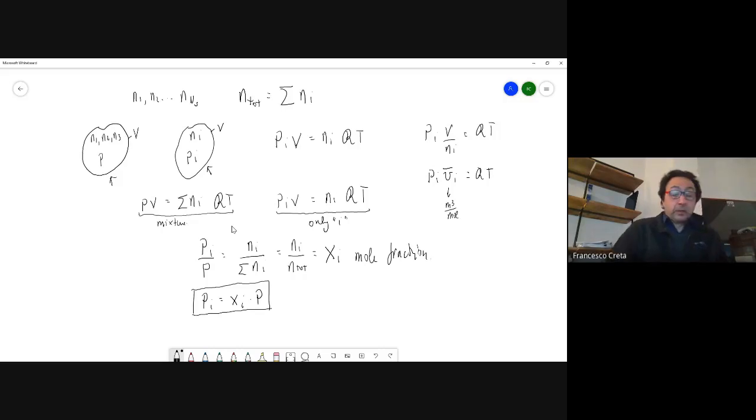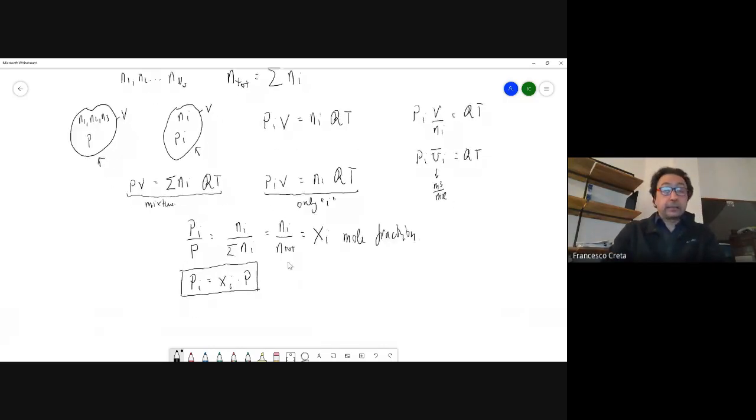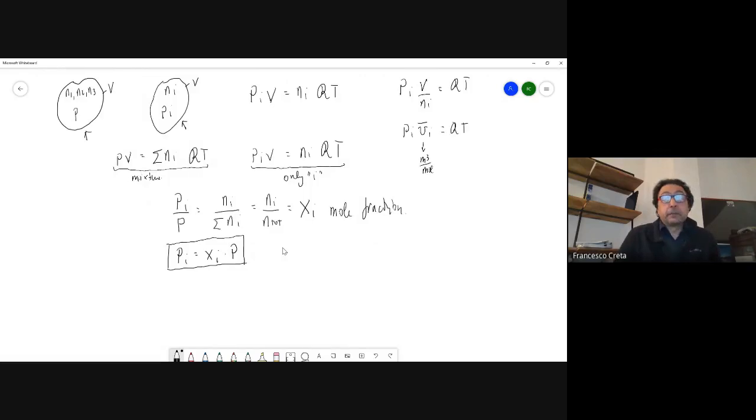Note that if I sum all of the mole fractions for all species up to NS, I will have the sum of the number of moles divided by the total number of moles, but that's by definition n total divided by n total, which is 1.